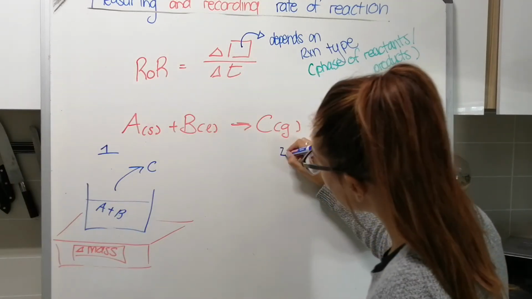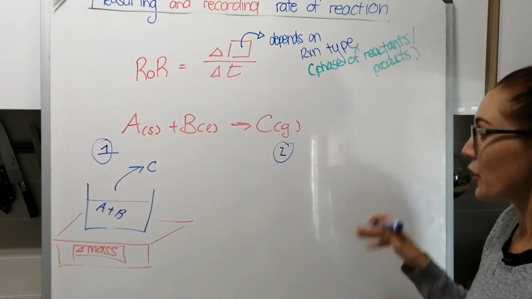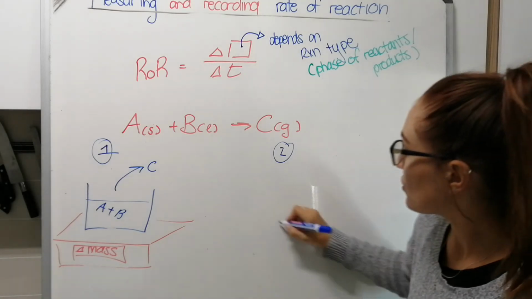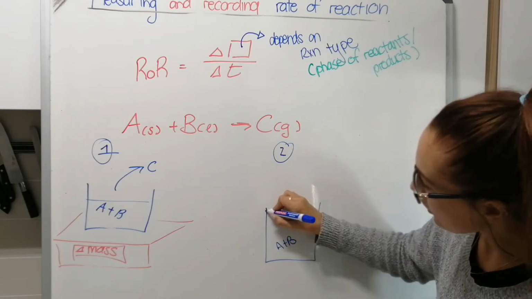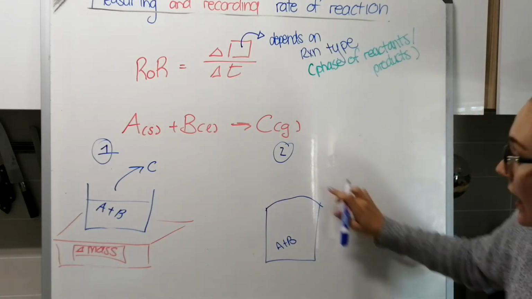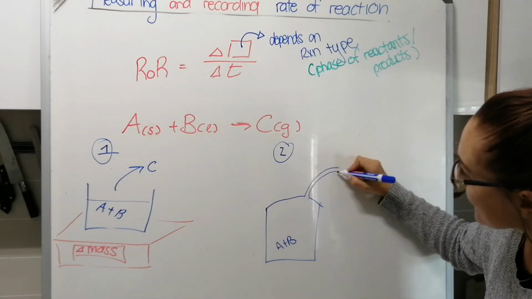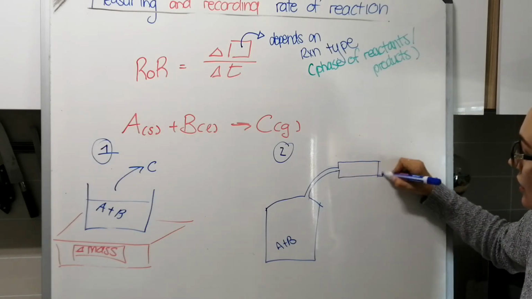Another option, and this is on your notes, I will refer to your notes, I'm just going down the rabbit hole first. Another option would be to let A and B react in a closed container, and you can attach a little pipe and collect the gas in something called a gas syringe.